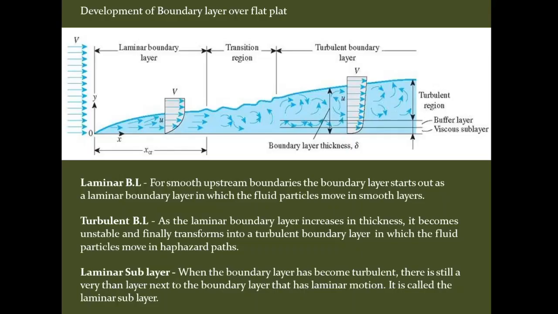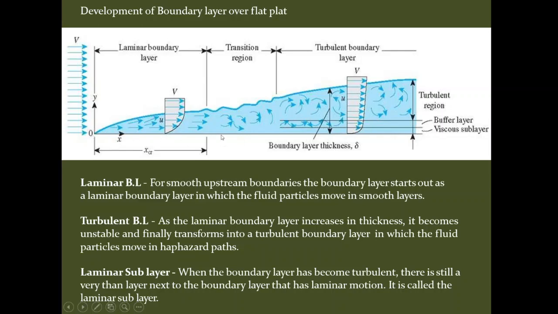We will see the various definitions, that is laminar boundary layer, the turbulent boundary layer, and what is laminar sublayer. For that we will consider a flat plate. Now we will consider a flow of fluid having a free stream velocity v. Here the free stream velocity is v, and a flat plate is used.